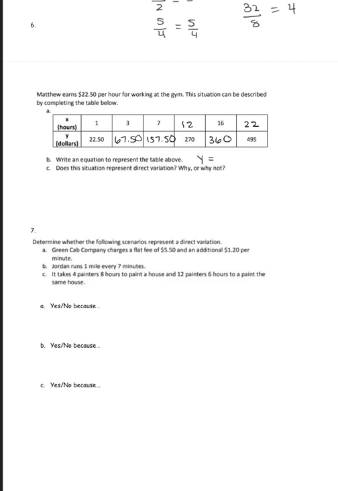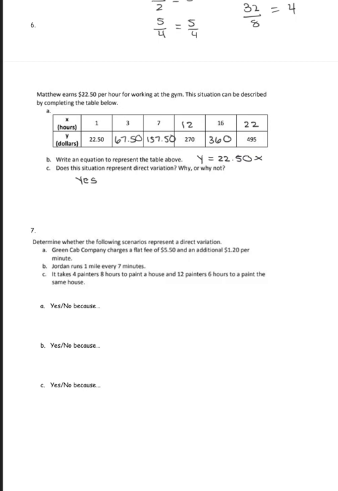So that is our constant for our direct variation, which is y = 22.50x, where x represents the number of hours. So if you want to know how much he gets paid in dollars, you just multiply the $22.50 by how many hours he works. And it says, does this situation represent a direct variation? Why or why not? Okay, so in this situation, it does represent a direct variation.